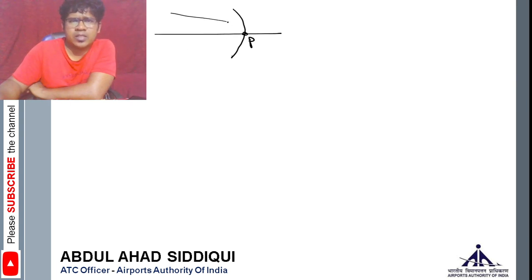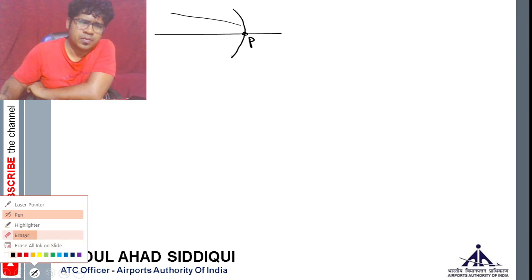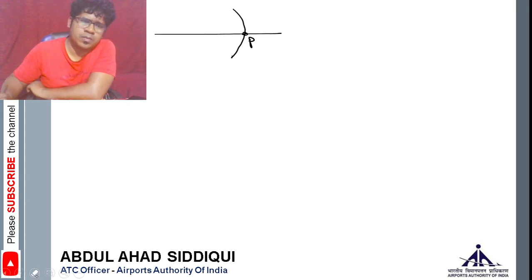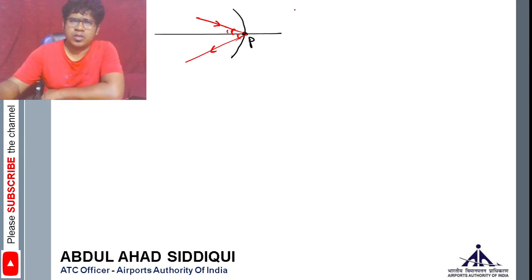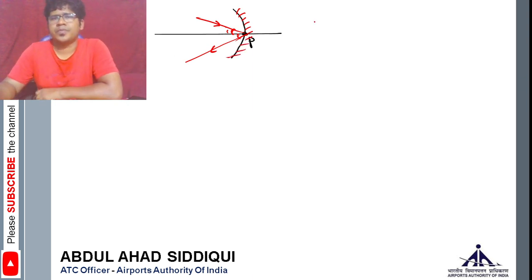A light ray is incident here. After reflection it will simply follow the same angle, the angle of reflection equal to the angle of incidence. The reflected ray will come like this. This is your mirror.